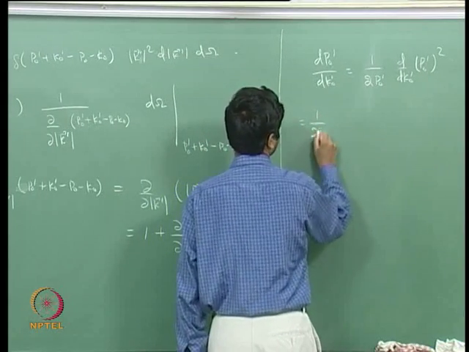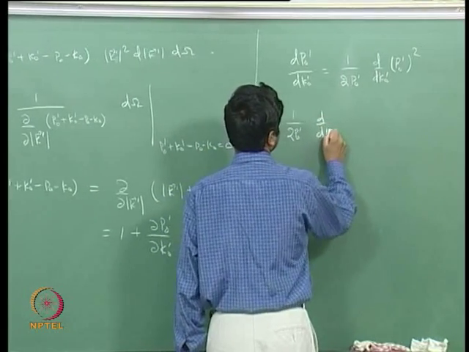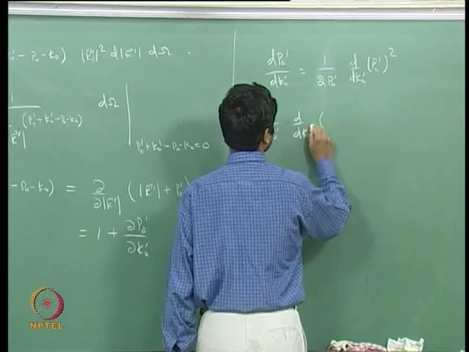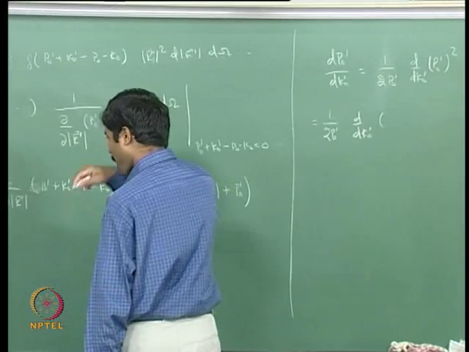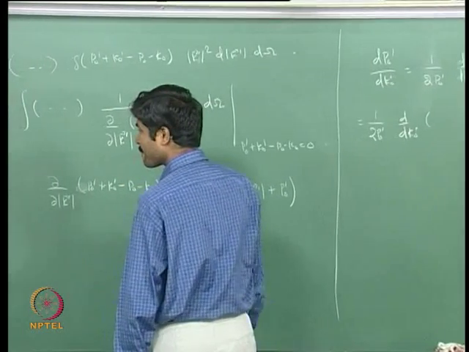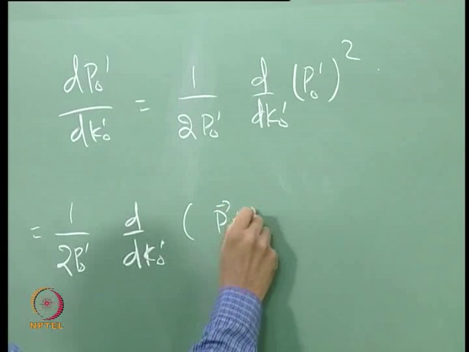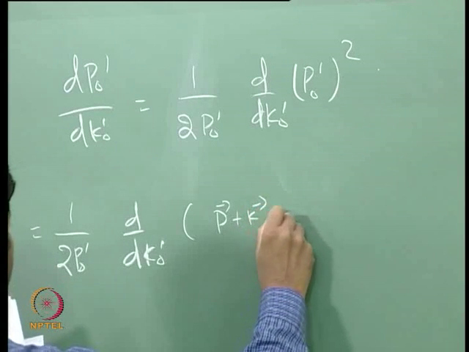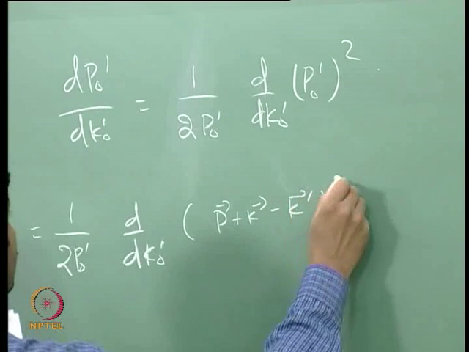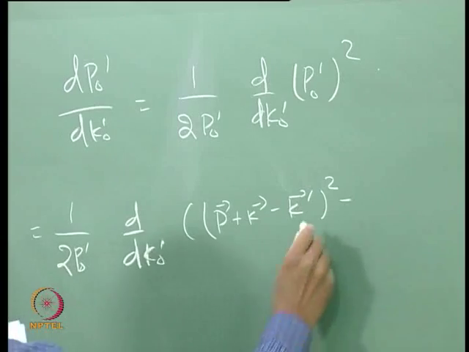This is 1 over 2 p0 prime d over d k0 prime of p0 prime square, which is p plus k minus k prime whole square plus M square, right.